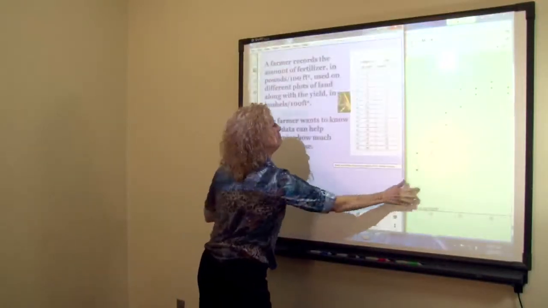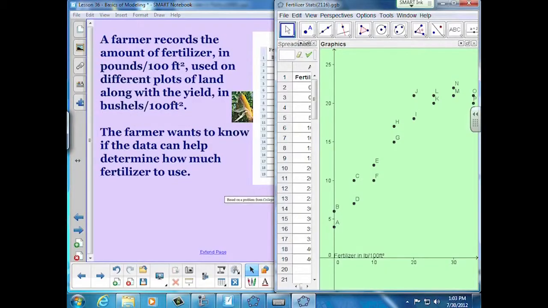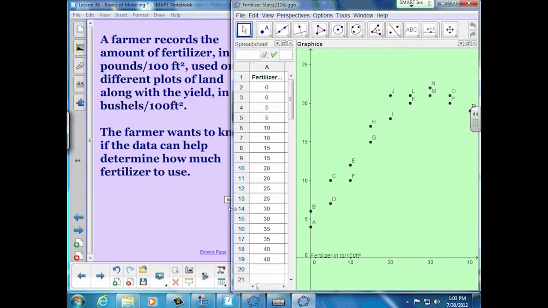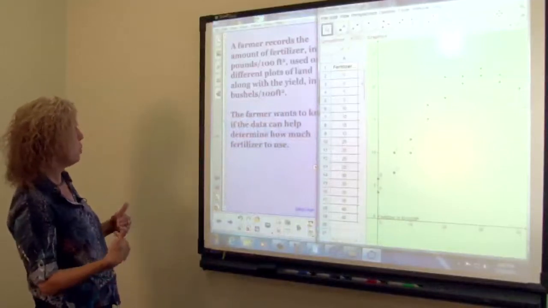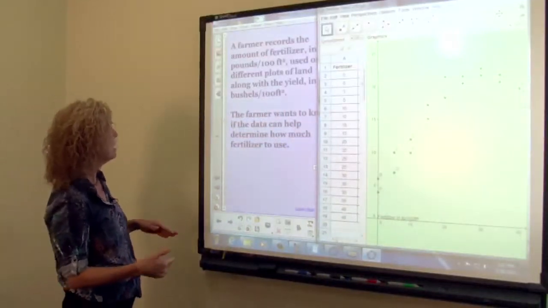So here is a plot of my data, and you can kind of see that it is going upwards. You might almost think it's linear, but then it seems to hit a peak and fall. And that's why you would think, hey, maybe this is quadratic. Okay?